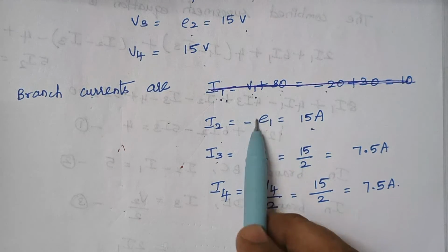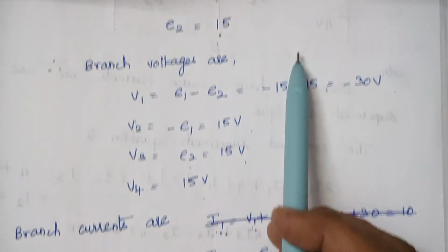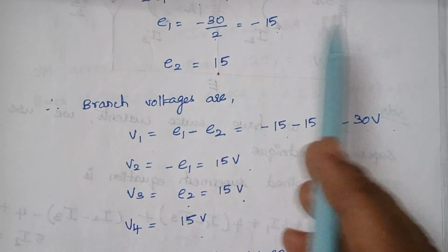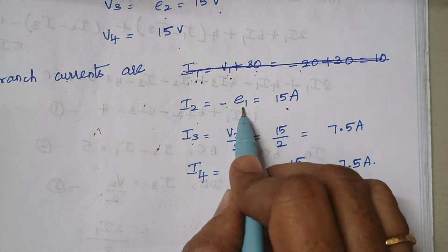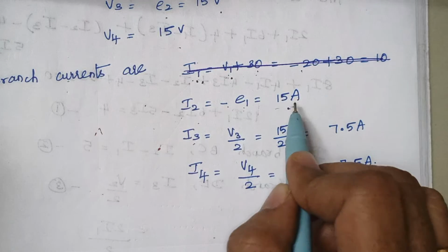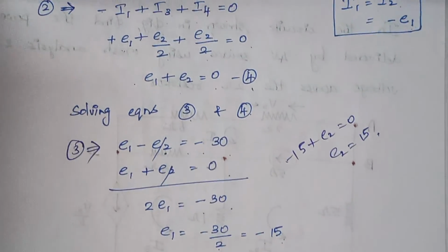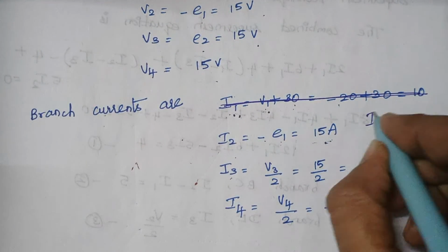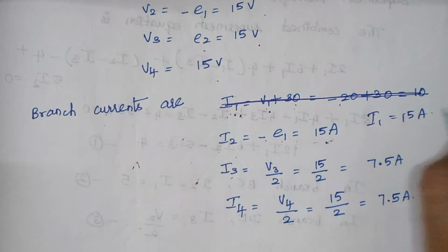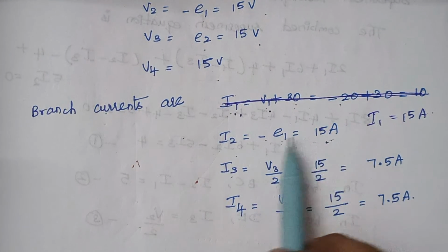The value of E1 is minus 15. So when you substitute here, the value of I2 is equal to minus of minus 15, that becomes plus 15 amps. And we already defined a relationship between I1 and I2: I1 is equal to I2. So the value of I1 is again 15 amps because both these terms are equal.